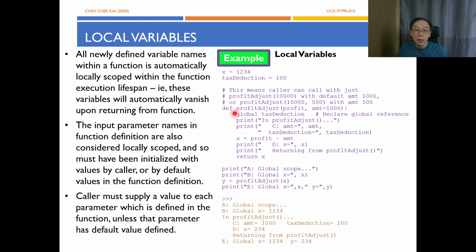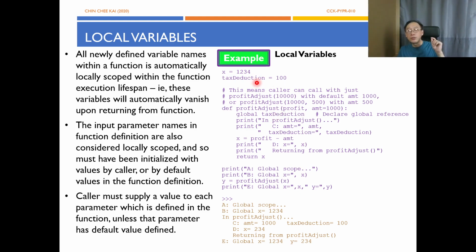So you must do it in the first instance, usually the first line right after the def, you must inform Python that all our references to text deduction need to be global, not give me an error, but refer to this thing.